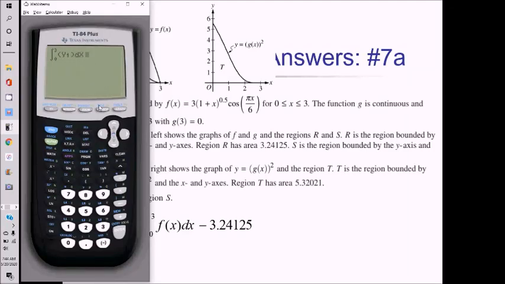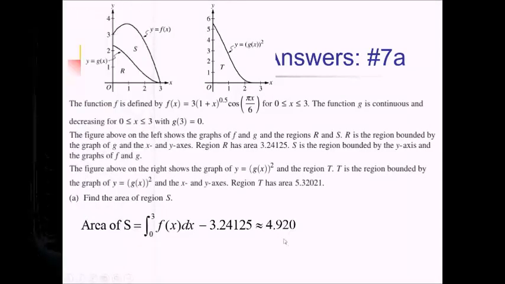But now I have to subtract this 3 point whatever stuff. So let me subtract that, 3.24125, and all of that equals 4.920 if I take it out to 2 decimals.